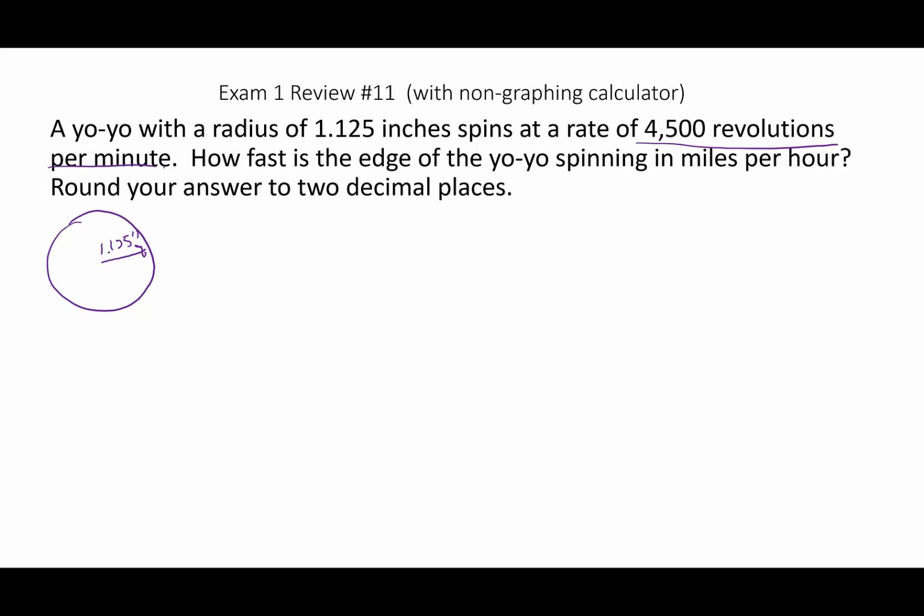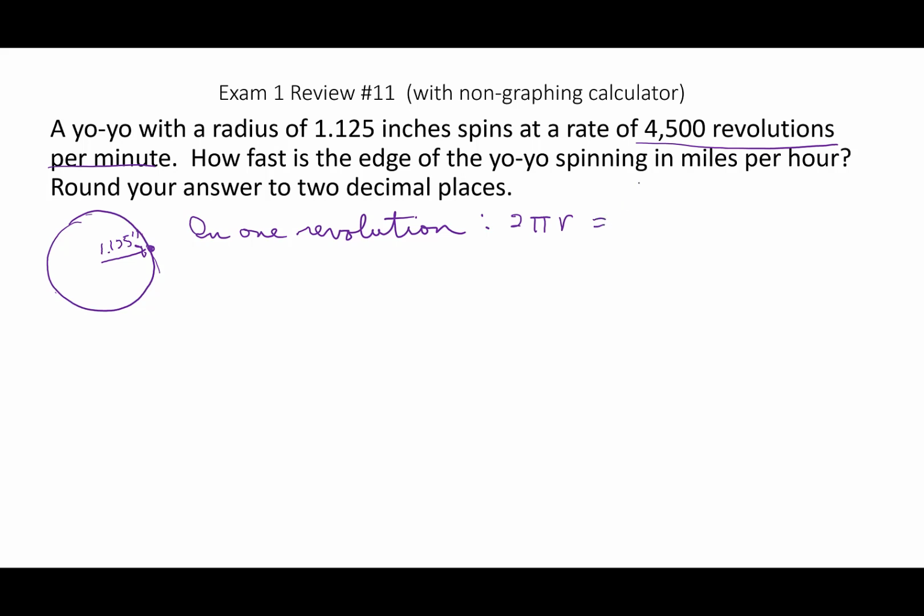Okay, so the first thing I'm going to do, if I take a point on the edge of this yo-yo, how far does this point travel in one revolution? A point on the edge of the yo-yo in one revolution would travel through a distance of the circumference of the circle, which would be 2 pi r.